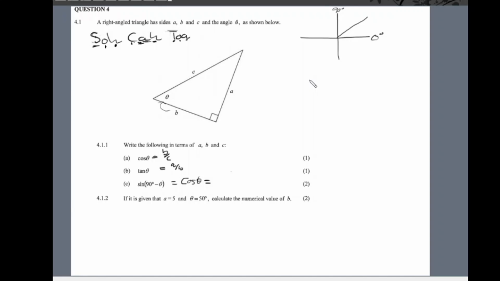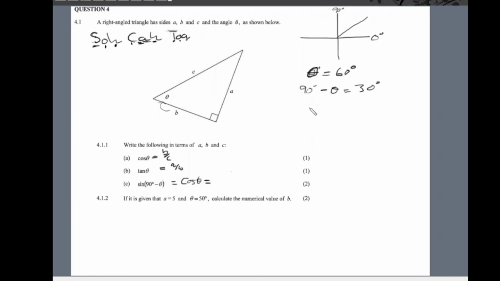So to prove this, let's say angle theta is equals to 60 degrees, just to demonstrate that this is true. If theta is equals to 60 degrees, then 90 minus theta will be equals to 30 degrees, ne?